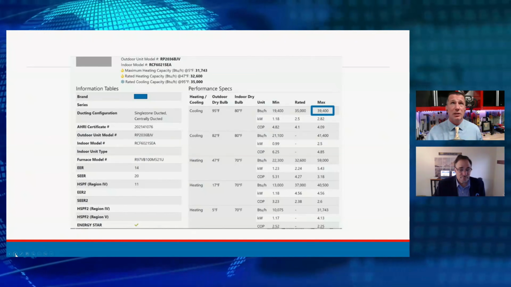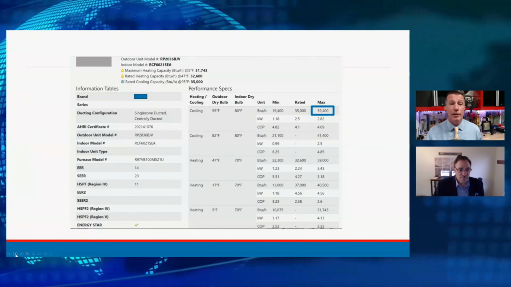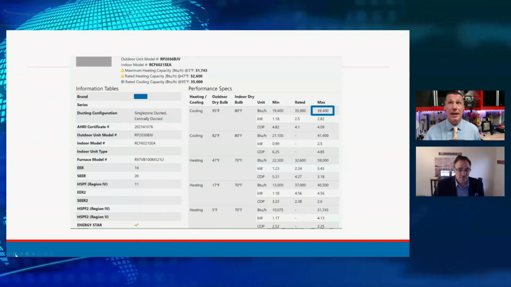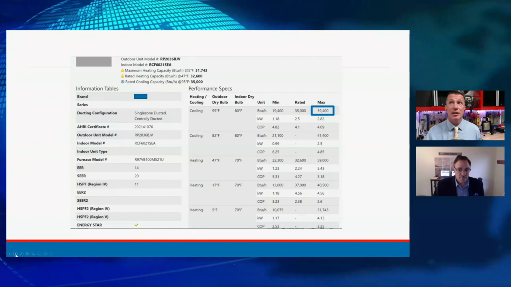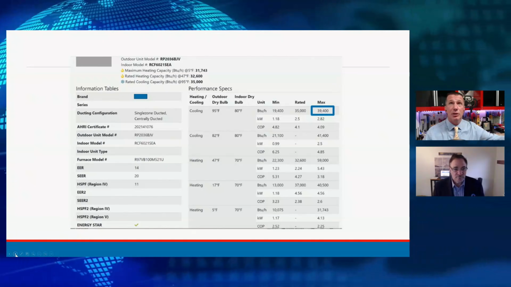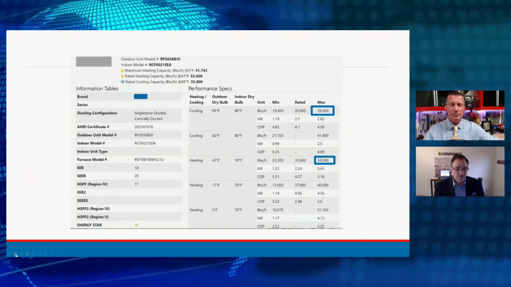Now remember, everything that we are reviewing right now are 3-ton heat pumps that are connected to ducted air handler systems. So that particular one was a 3-ton air conditioner, rated at 39,400 BTUs of cooling at 95, but look at the heating capability of this thing.